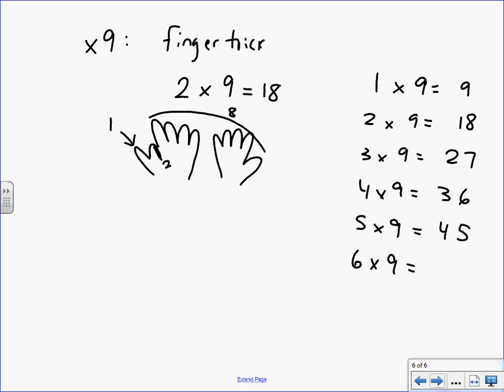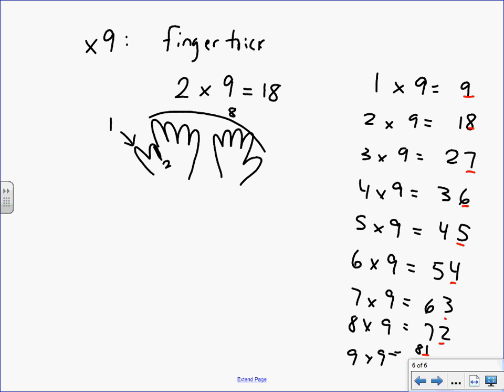What's the pattern with the ones? 9, 8, 7, 6, 5, 4, 3, 2, 1. It's going down. Then if you look at the tens, 0, 1, 2, 3, 4, 5, 6, 7, 8.